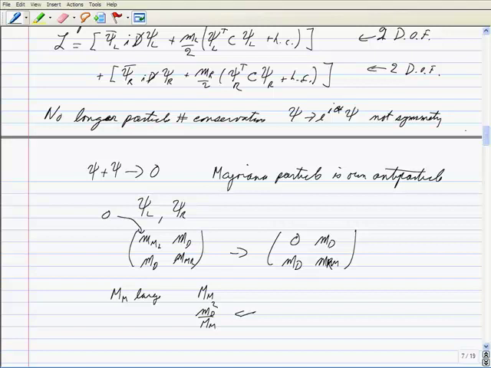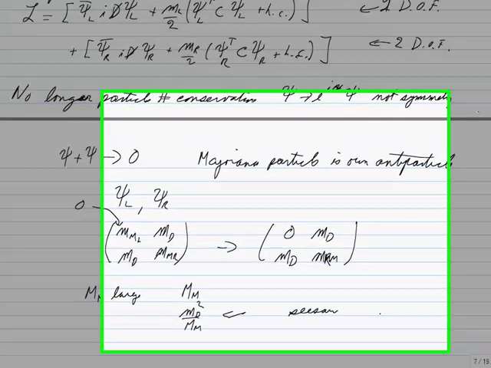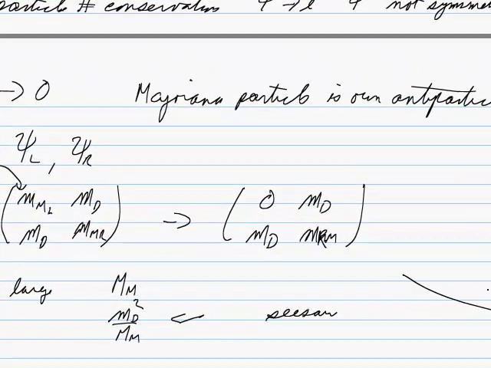And that's the most compelling explanation we have of why neutrino masses are so much lighter than other masses. It's called the seesaw mechanism. Yeah, the old seesaw where you put the big guy up here and the little guy up there, and it tilts it.